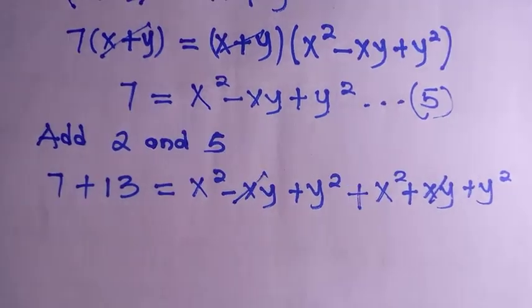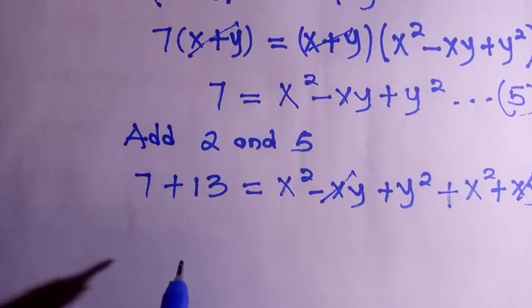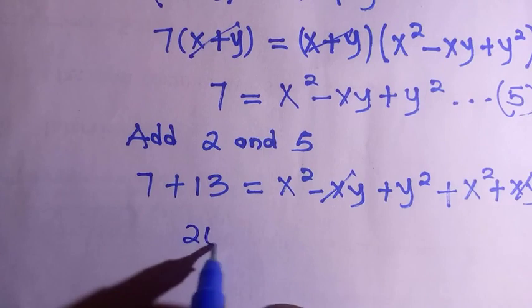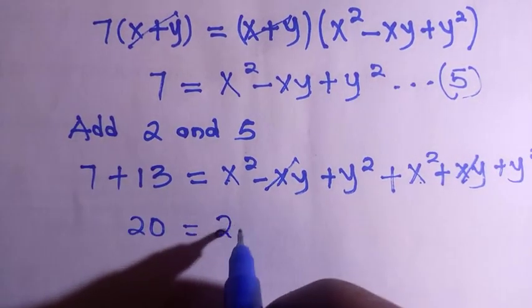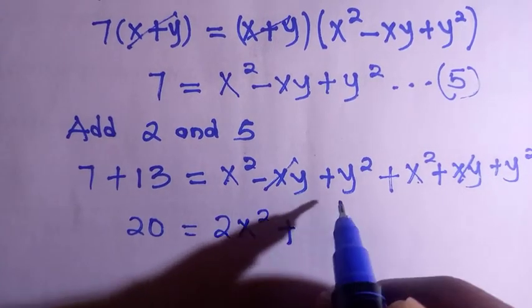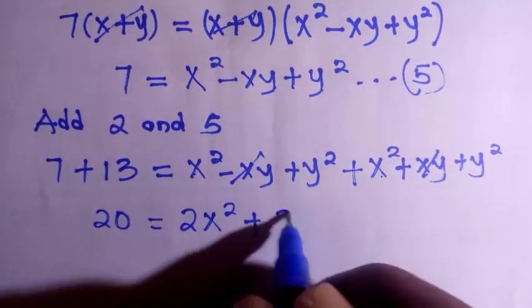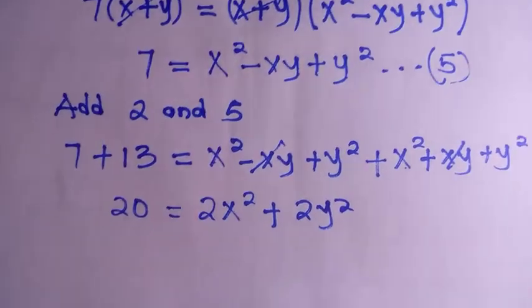So this will cancel, and 7 plus 13, that is 20, equals x squared plus x squared, that is 2x squared, plus y squared plus y squared, that is 2y squared.